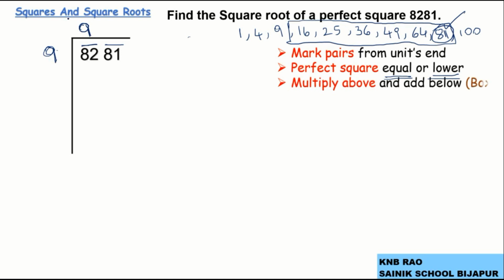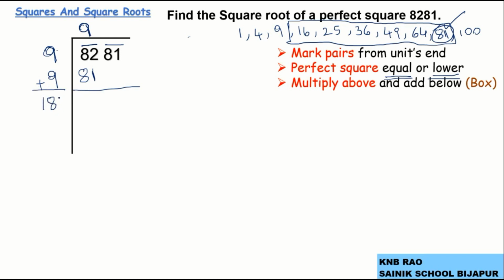The third important rule is multiply above, add below. So 9 9s are 81, multiply, and the same digit to be added below here gives us 18.